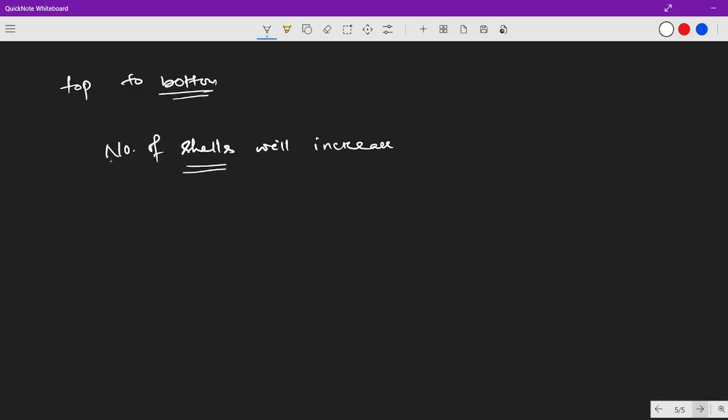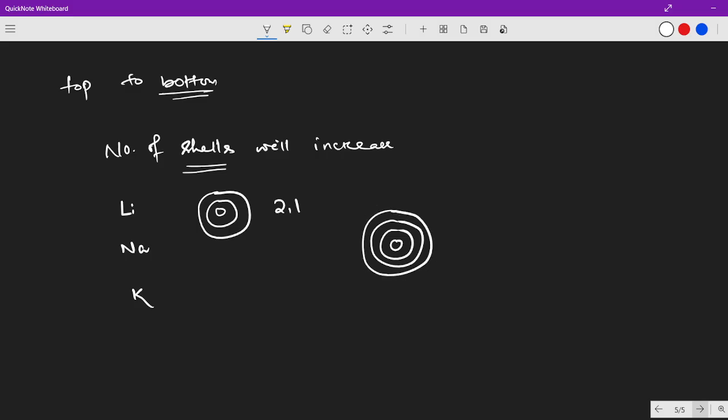So I can say for lithium, sodium, and potassium, let's understand all these three. This is the first shell, and this is the second shell. The electronic configuration will be 2 and 1. For sodium I can write first shell, second shell, and third shell, so the electronic configuration is 2, 8, 1.